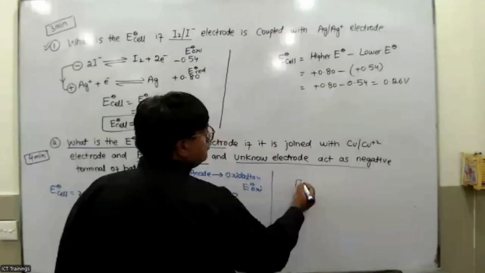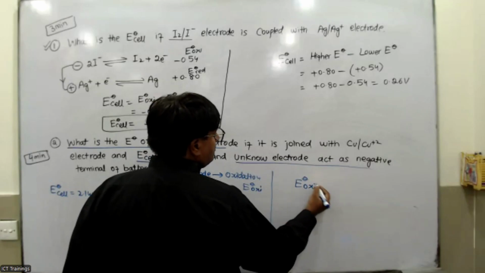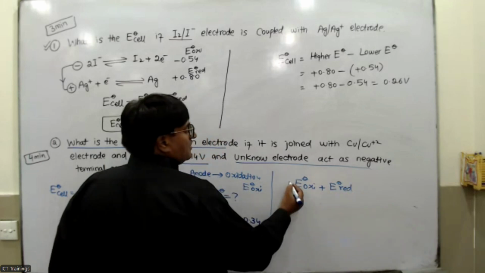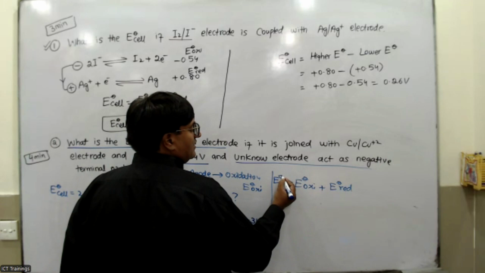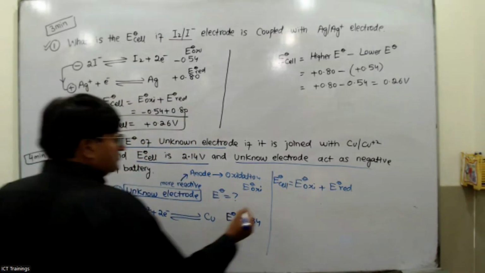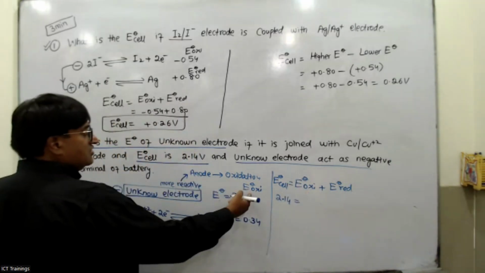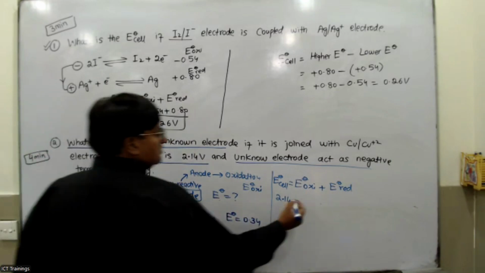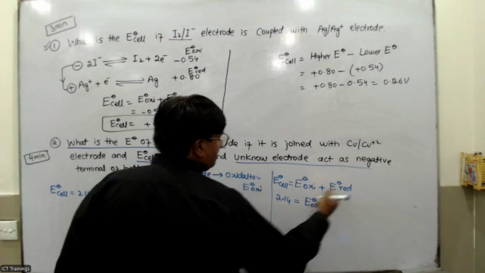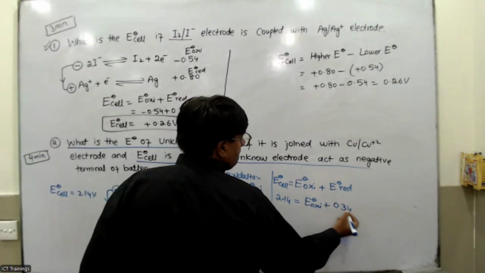Now what should we do? We write the formula: E naught of oxidation plus E naught of reduction is equal to E naught of cell. E naught of cell has this value, 2.14. E naught of oxidation you have to find out. So write it as it is: E naught of oxidation plus E naught of reduction, which is 0.34.